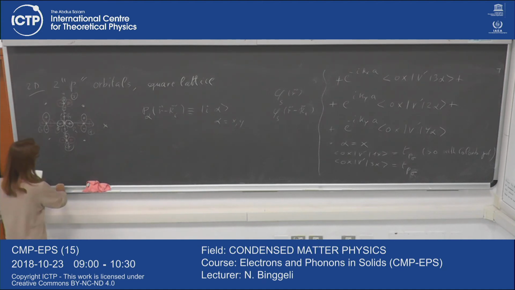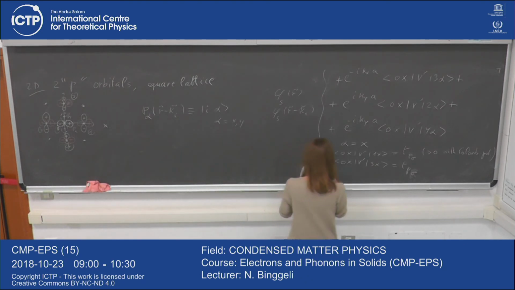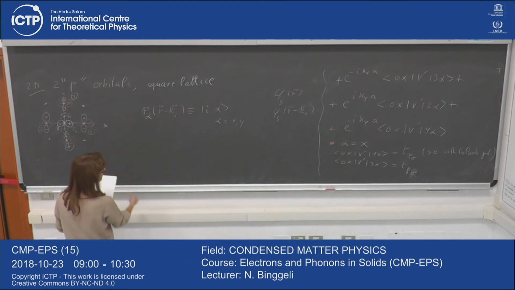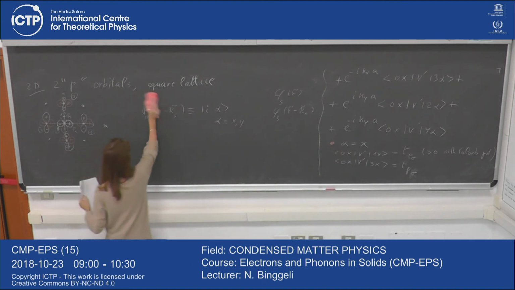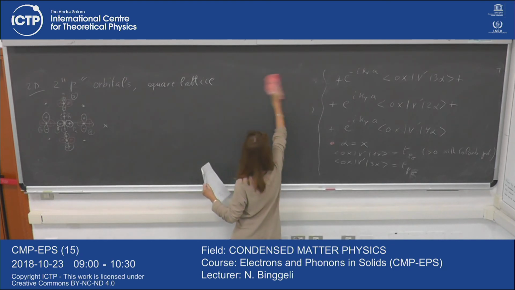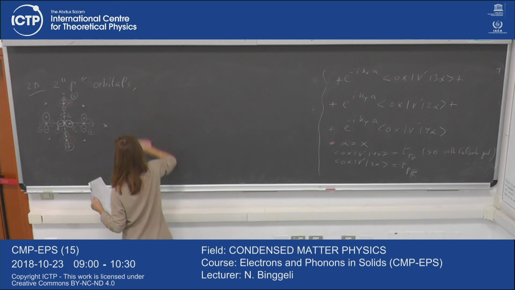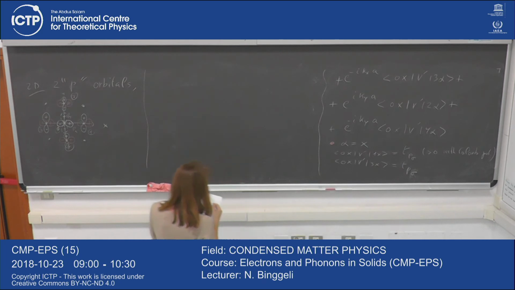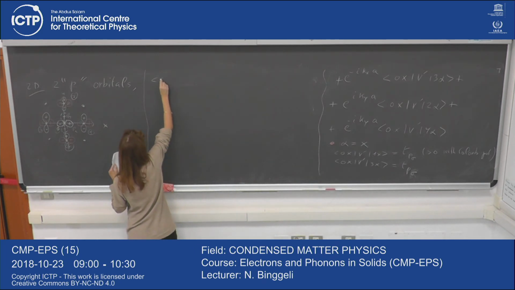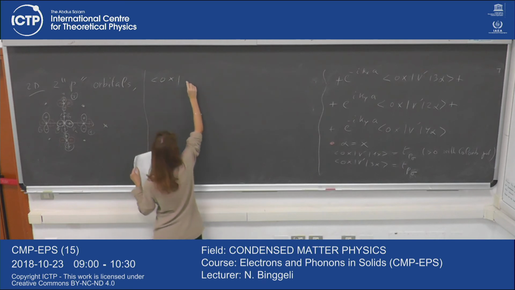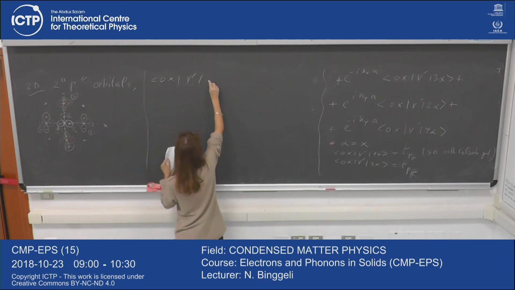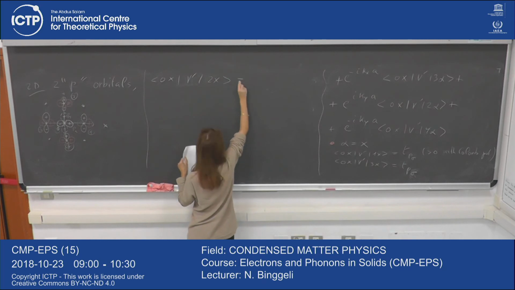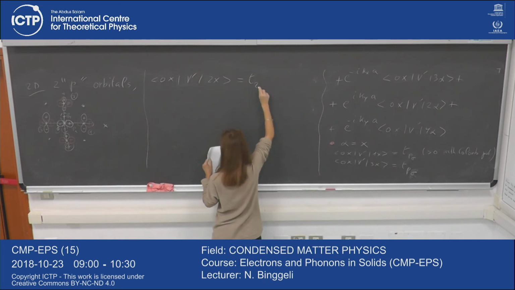Now for the red things. Because I want to keep this drawing, I'll continue in here. I keep the alpha equal to x, and I still need to evaluate these elements, b prime to x, and this I will call t_pp pi.